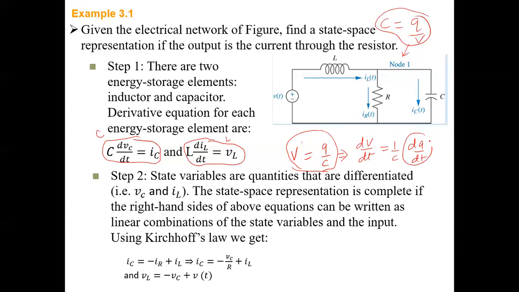What is your dq over dt? I. So it means the derivative of V, I should have said derivative of V instead of dV over dt. So 1 over C times I. So what does this give you? What is your I? I equals C times dV over dt. There. That's the thing, right?